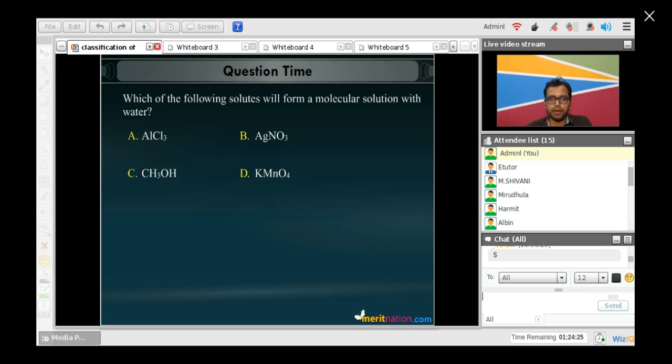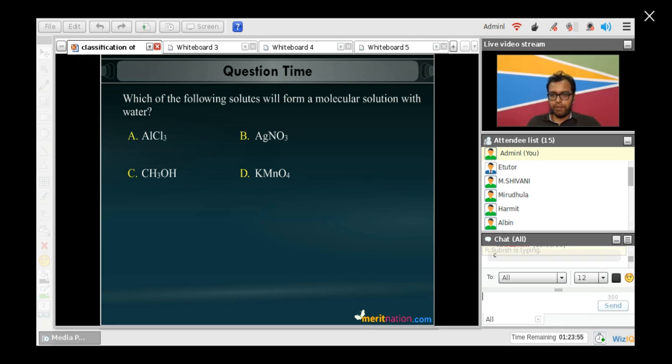Right? Now a question has been given to you: which of the following solutes will form a molecular solution with water? Can anyone answer? You have to tell me which will form a molecular solution. C. So everyone is getting C, right? Yes, C will form a molecular solution.